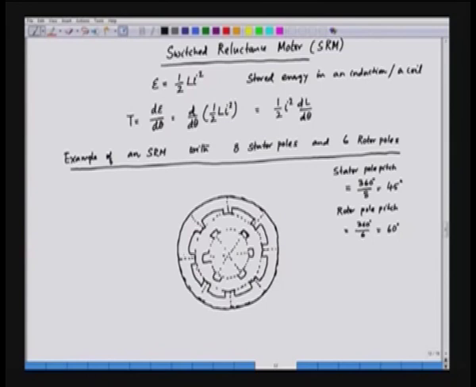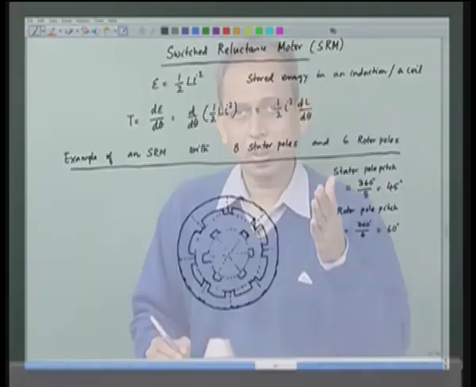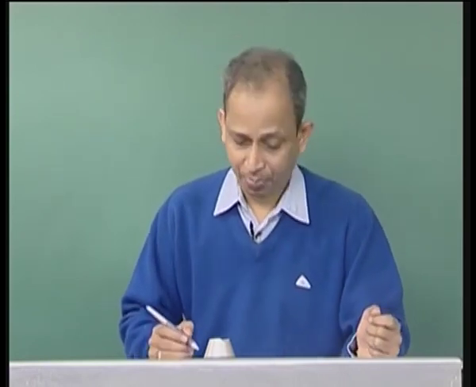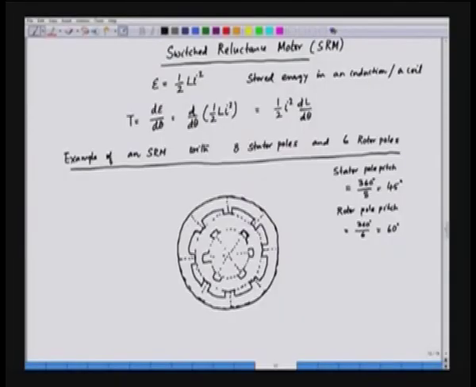The rotor does not have any winding. The rotor has only a slotted structure, pole and slot, pole and slot, that we are drawing here. This is a pole, we have a slot here, then again a pole and then a slot.